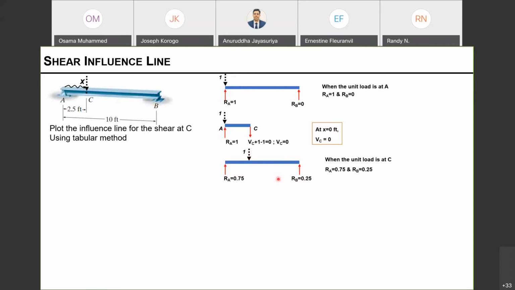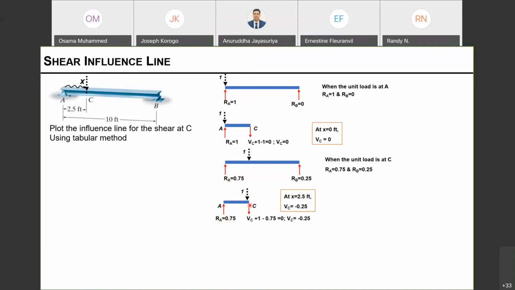Now, when we have this point load at C, we are interested in finding the shear at C. So we will cut at C and look at the equilibrium equations. We have this unit load on top of C, and the support reaction RA of 0.75, which I calculated from static equilibrium.